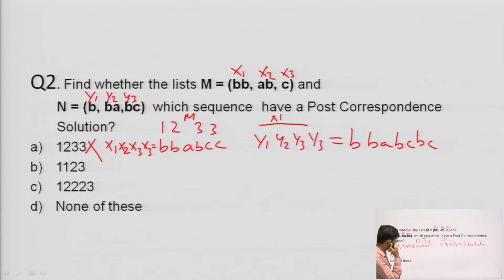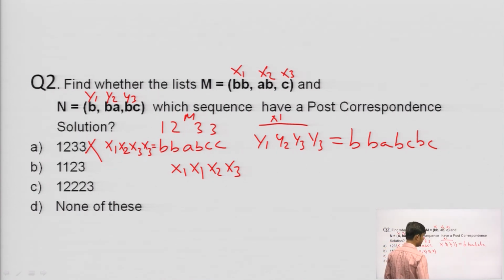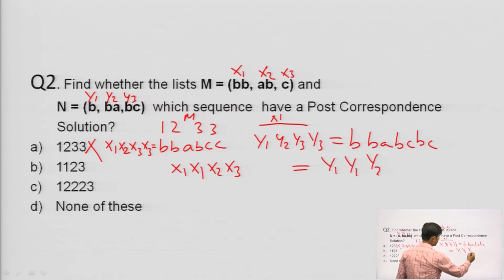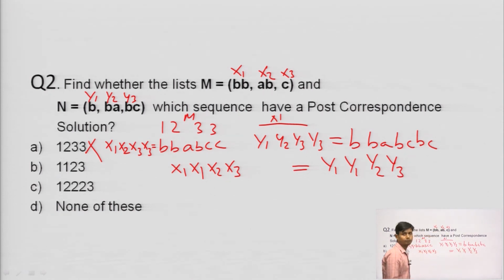Let us check option B, whether it is right or wrong. Option B gives the sequence x1, x1, x2, x3, x1, x2, x3, and the other part is y1, y1, y2, y3, y1, y1, y3, y3. Here x1 is bb, x2 is ab, and x3 is c.